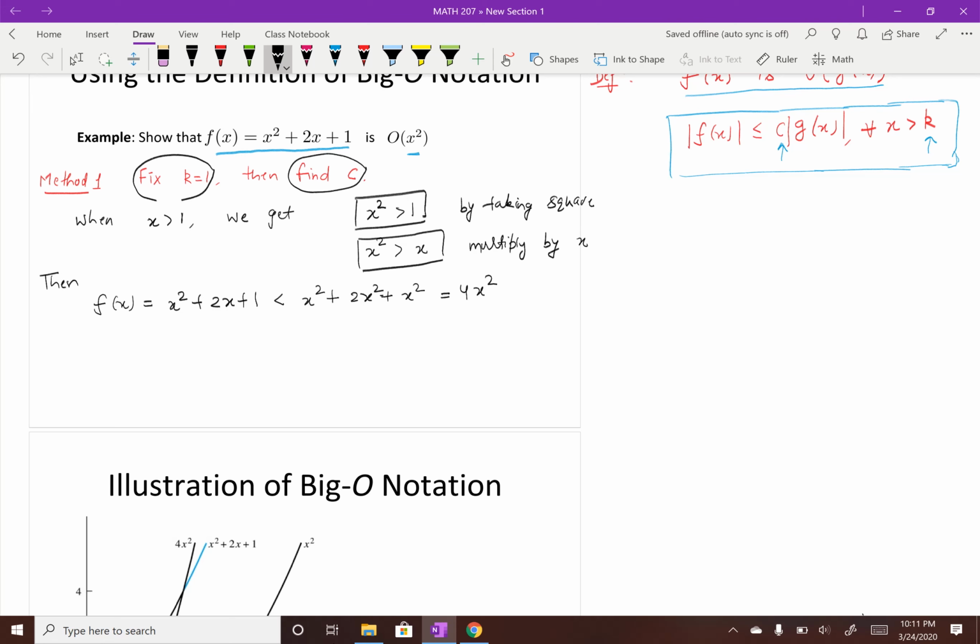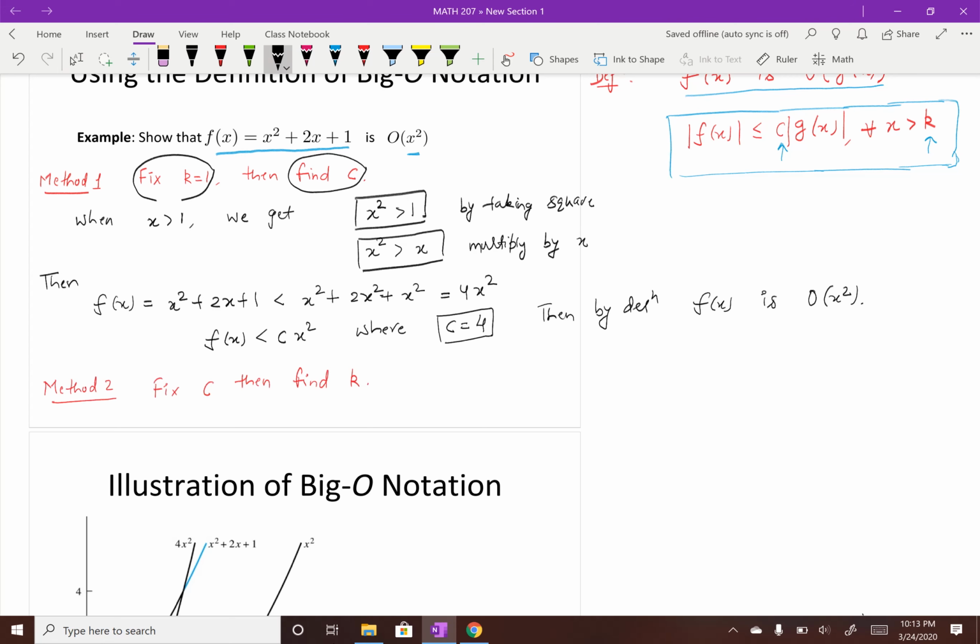So you prove that f of x is less than c times x square, where the value of your witness c is equal to 4. Okay, and then by definition, f of x is big O of x square.